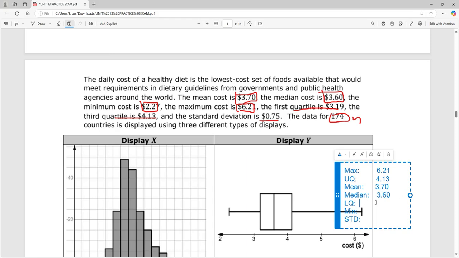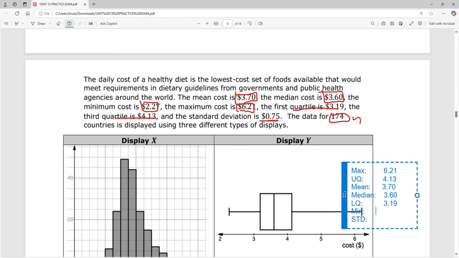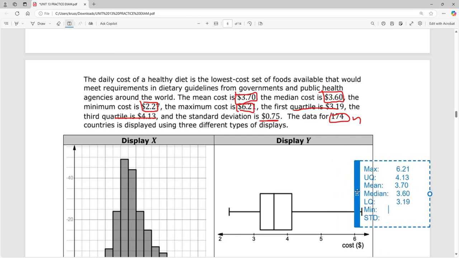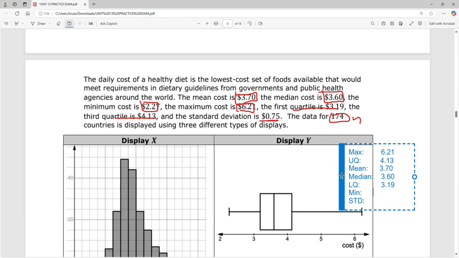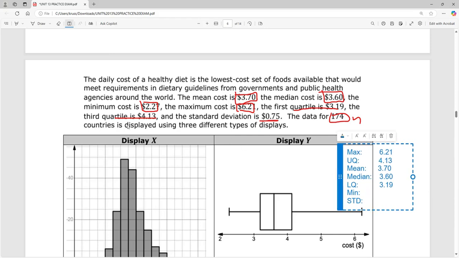The lower quartile is $3.19. And the minimum is $2.27, and the standard deviation is 75 cents.